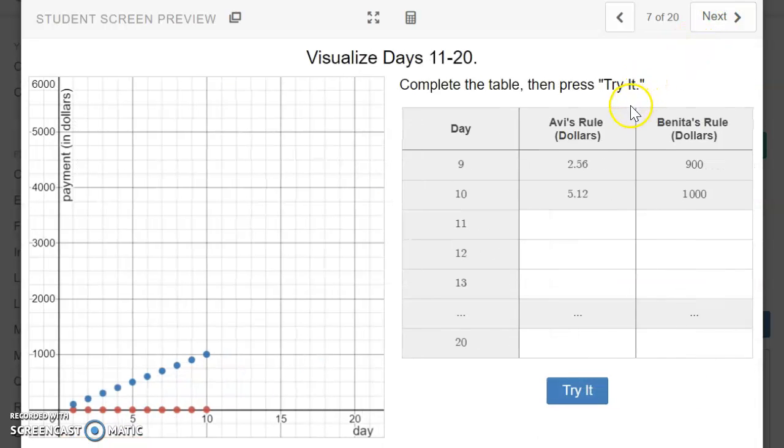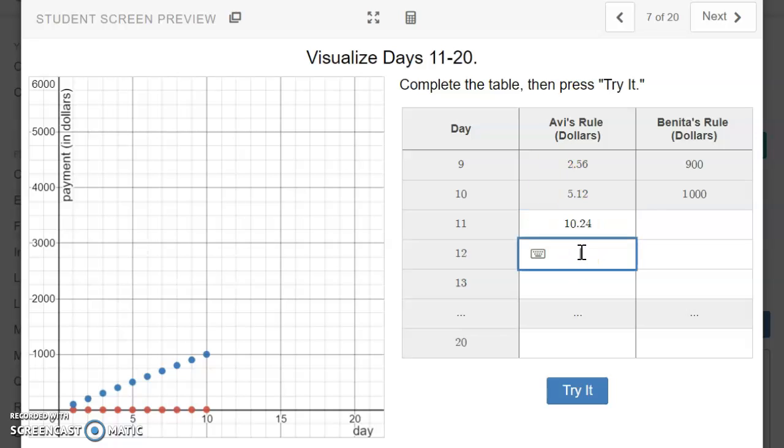All right, then let's continue. Complete the table and press try it. Okay, so now they're asking us to continue the table. So if I continue, 5.12, doubling that is going to be 10.24.